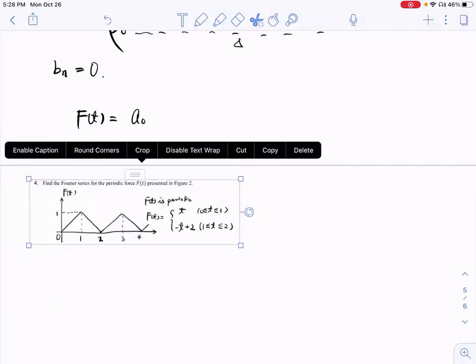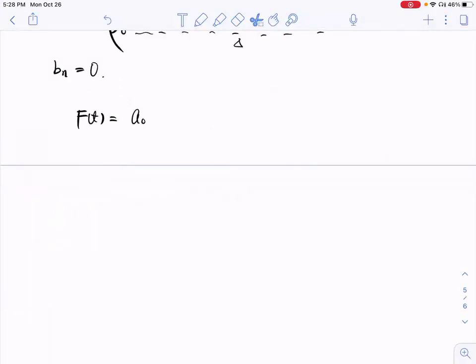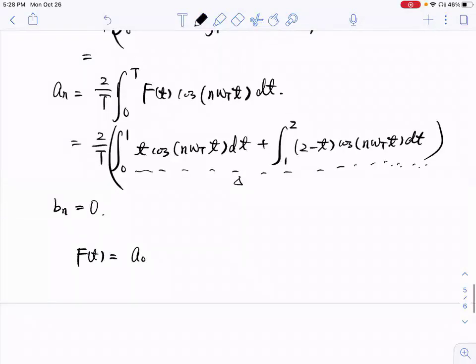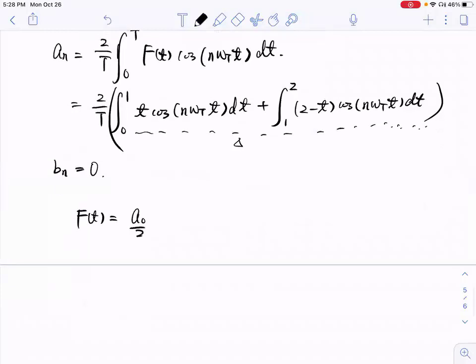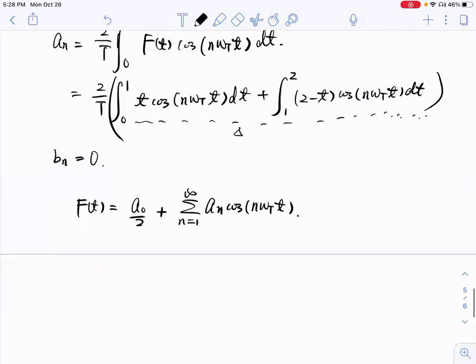Oh gosh, it doesn't allow me to copy, but anyway, you get the point. So eventually, ft is A naught divided by 2 plus the summation of n equals 1 all the way to infinity of An cosine n omega t. So all the sine terms become 0.